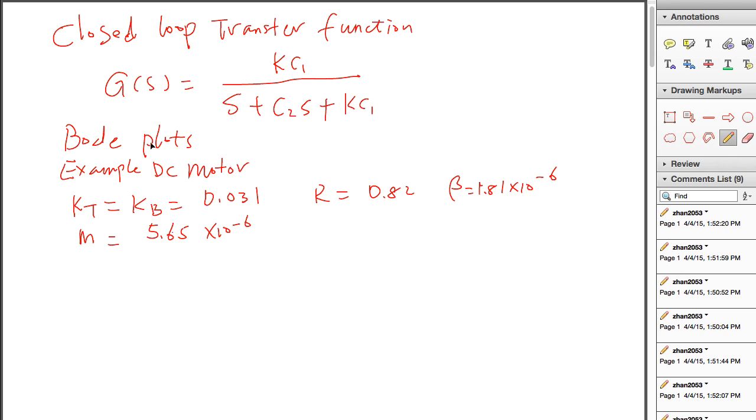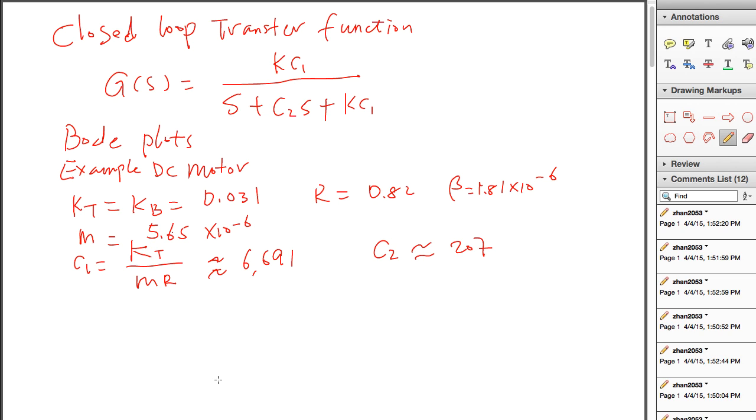Then from this we can compute C1 and C2, right? Remember, C1 here equals M R over K T. If we plug in all those numbers, you get approximately 6,691, and C2 will be approximately 207.